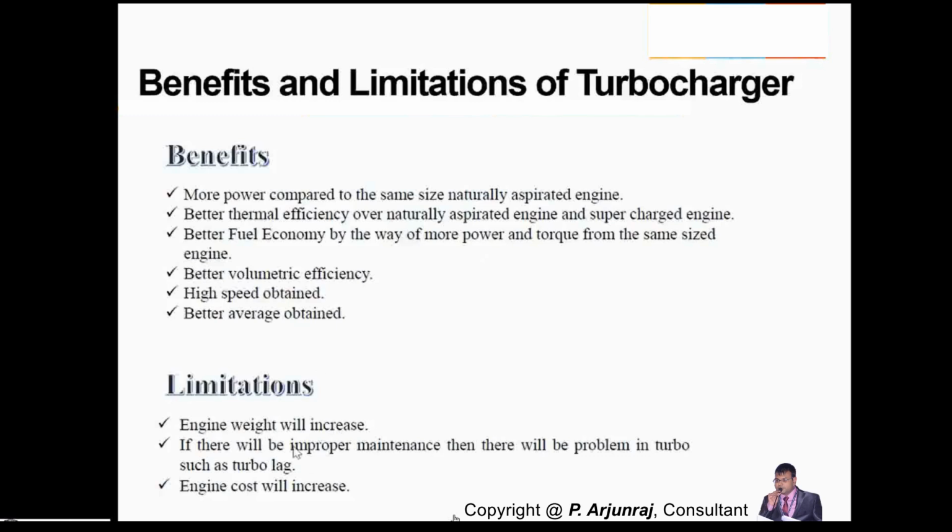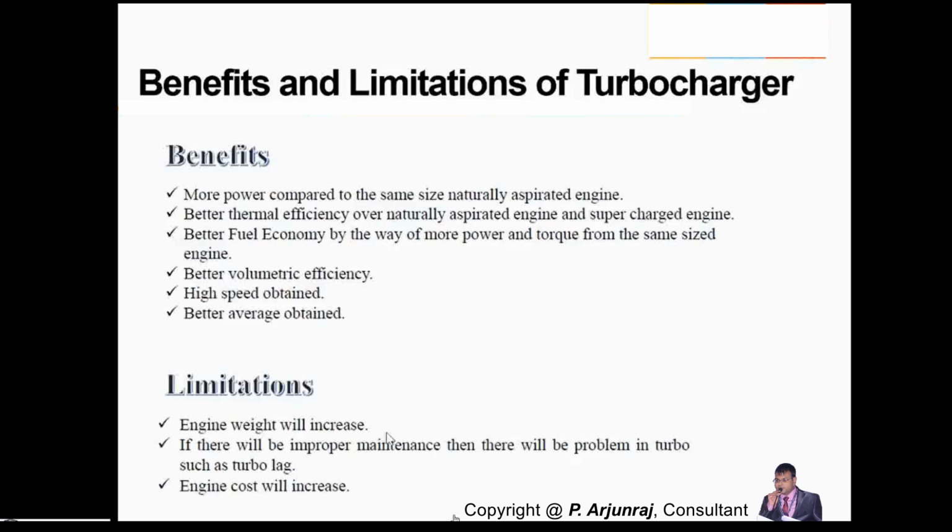And what are the limitations? Okay, the engine weight will increase, because it is a separate part actually. If there is any improper maintenance, then there will be a problem in the turbo called turbo lag. And sometimes the turbo noise called whining noise also will happen.